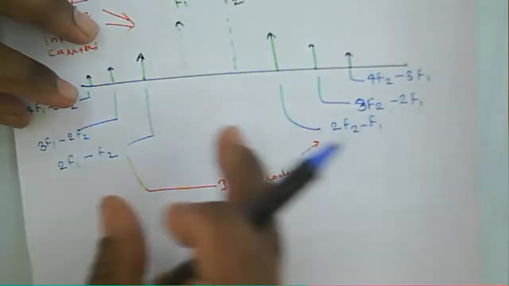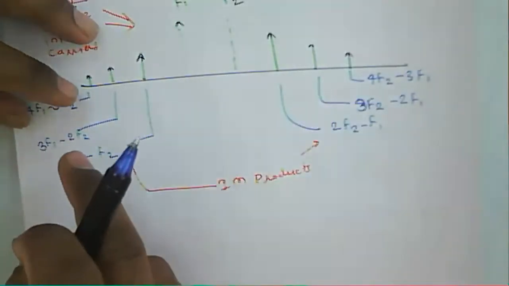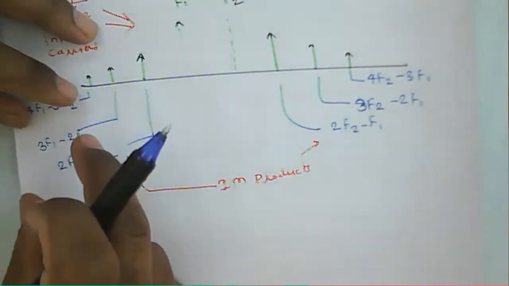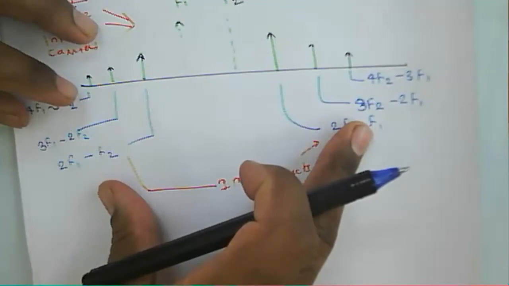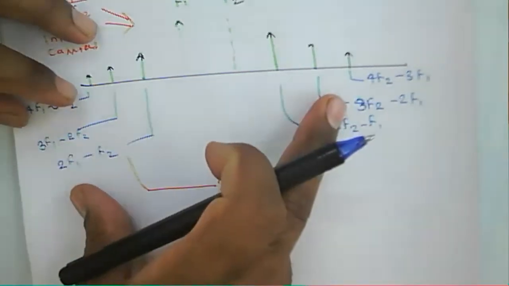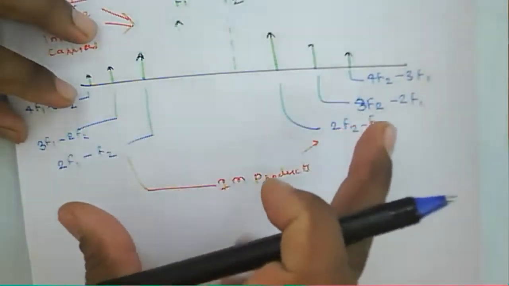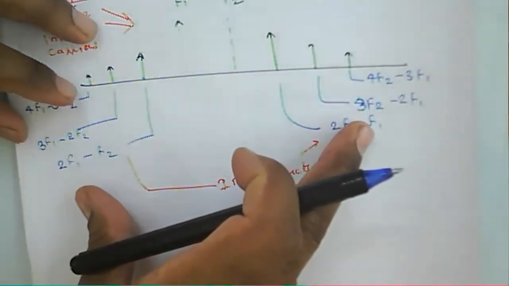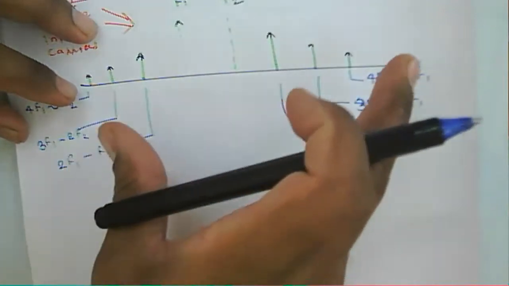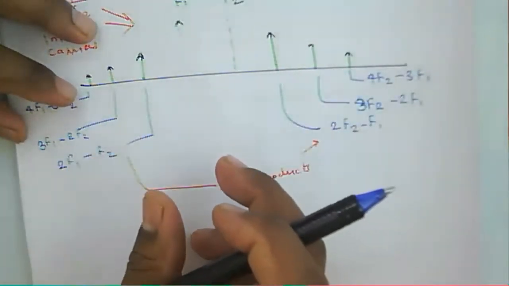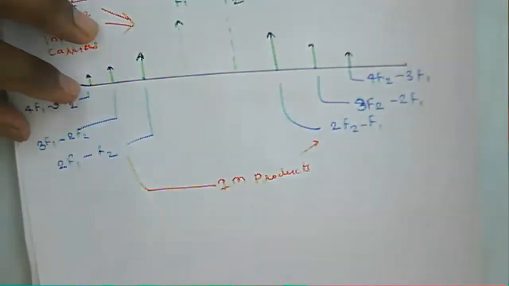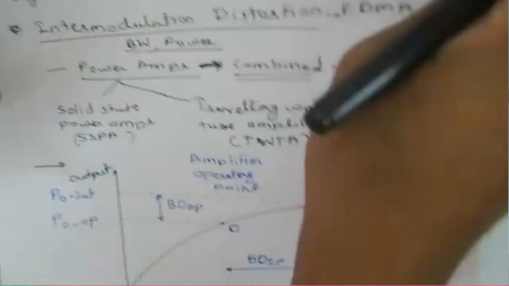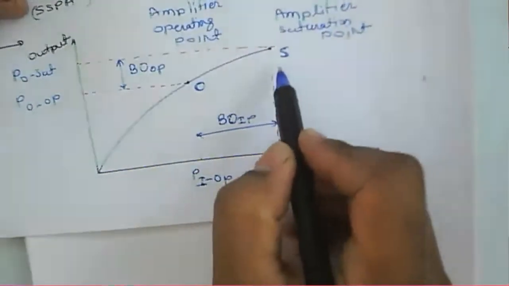So the intermodulation product is a common product occurring in a multiple carrier transmission system, because the devices operating in that multiple carrier system are non-linear devices.